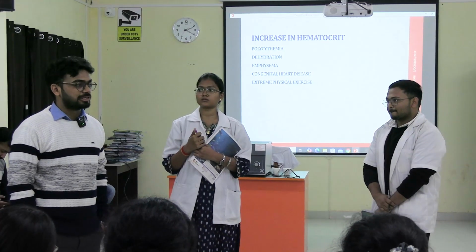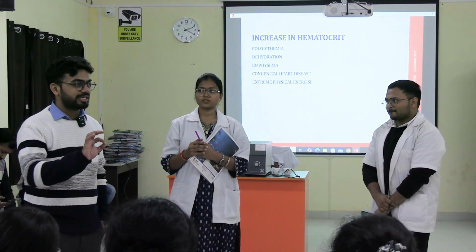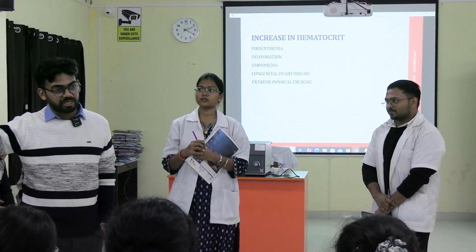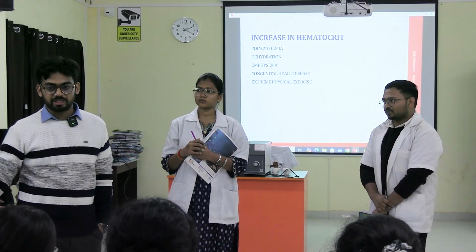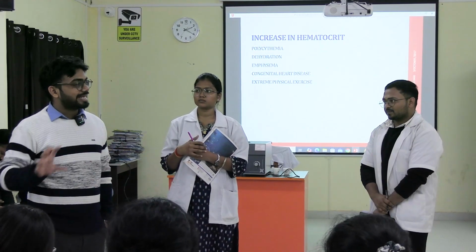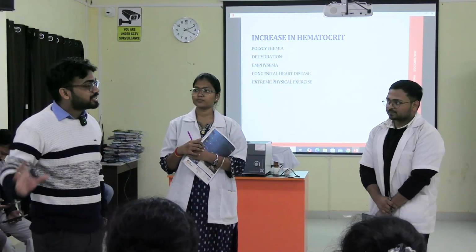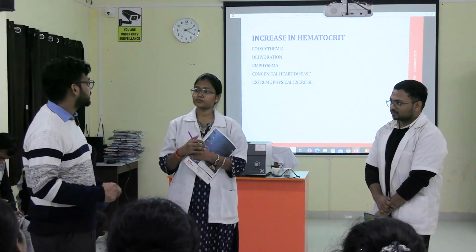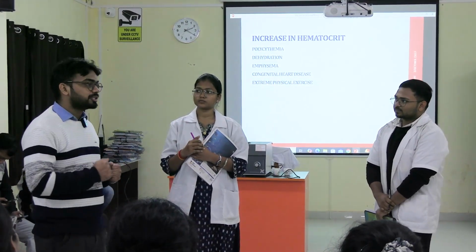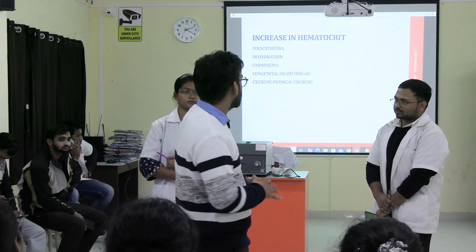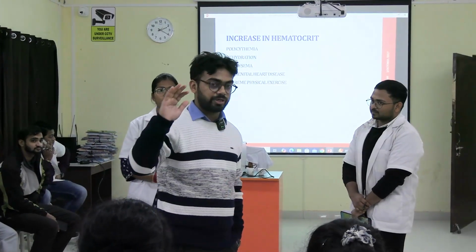Sir told last day also, there would be hypoxia. Hypoxia induces formation of more erythropoietin. What does erythropoietin do? Erythropoiesis, more RBC production. These RBCs carry oxygen to meet the increased demand of the tissues. That's why wrestlers and footballers who do regular exercise and have a strong physique have a higher hematocrit.